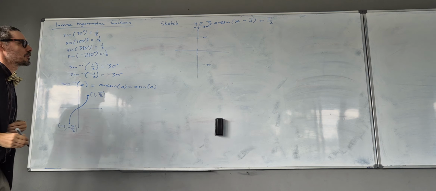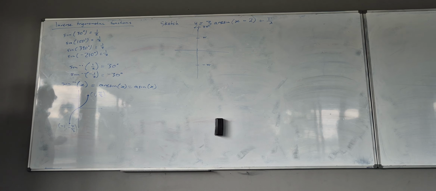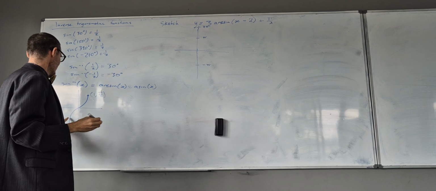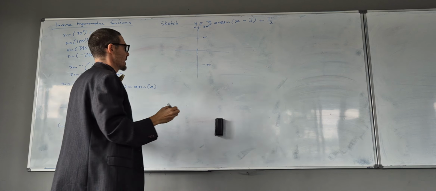What's my horizontal shift? 2. Don't answer for everybody. Give them time to think. Julie, am I going 2 left or 2 right? 2 right. Okay. So instead of negative 1 to 1, I'm now going 1 to 3.